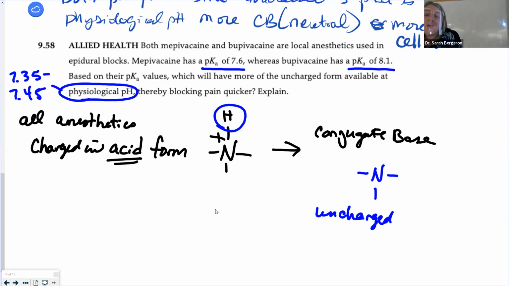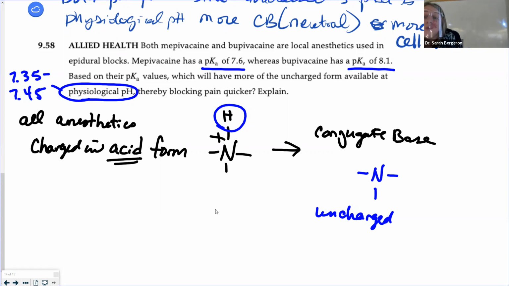So which one is going to be the better drug? Which one is going to be neutral at that physiological pH? And therefore, if it's neutral, it's crossing the membrane and it is going to do its job and numb the patient, right? So how do we decide that? All we have to do is look at the pKa values of the different drugs.